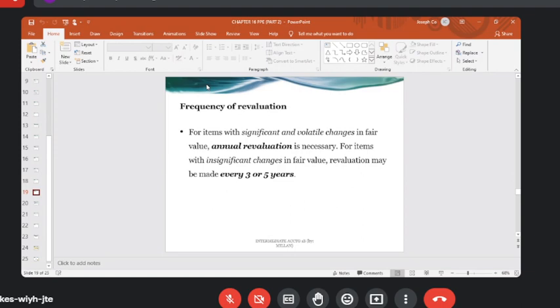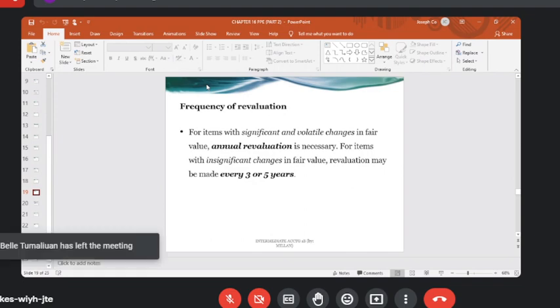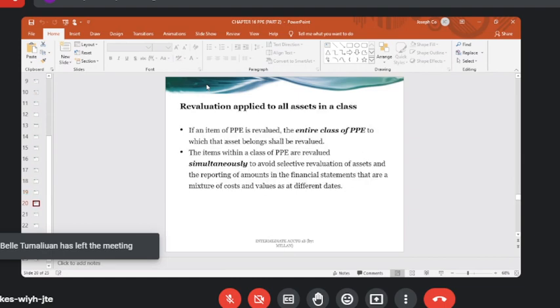Frequency of revaluation: for items with significant and volatile changes in fair value, annual revaluation is necessary. For items with insignificant changes in fair value, revaluation may be made every 3 or 5 years.